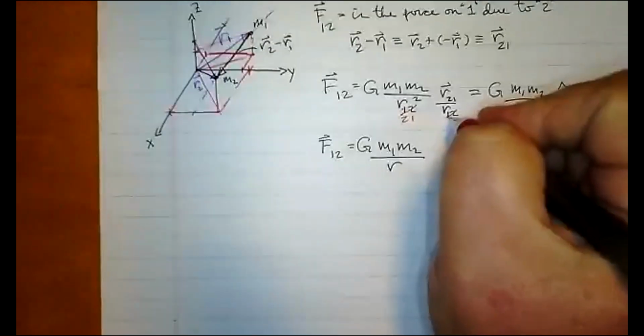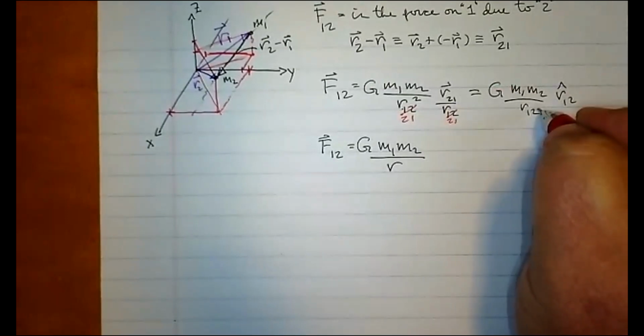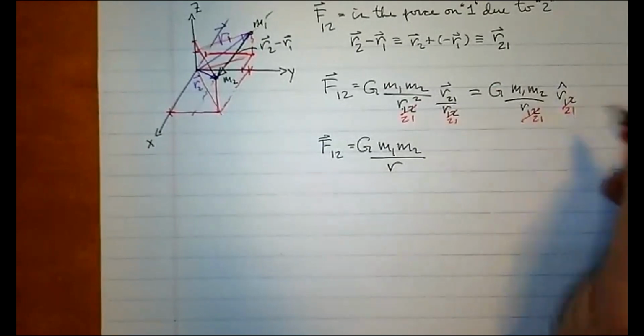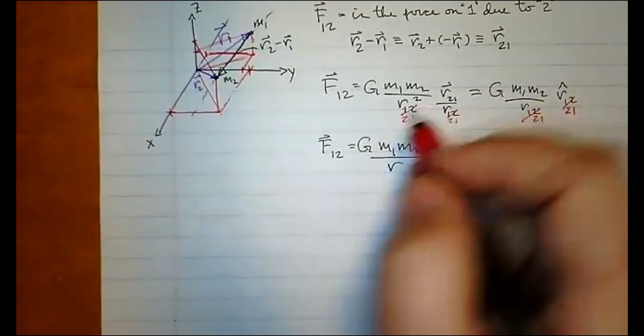And I can't find my eraser now. Anyways, this one should be 2-1, 2-1. That one was right. 2-1. And that one was 2-1. So I did it right there, but for some reason I reversed it over here.